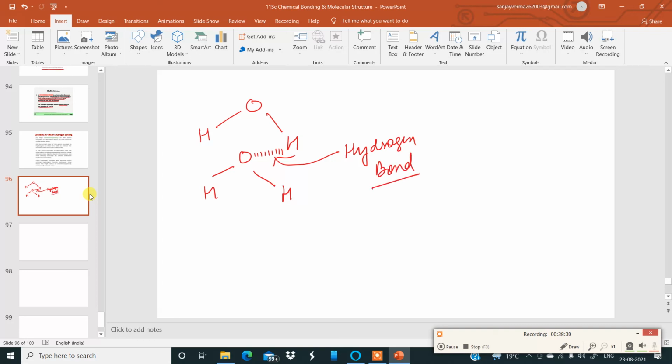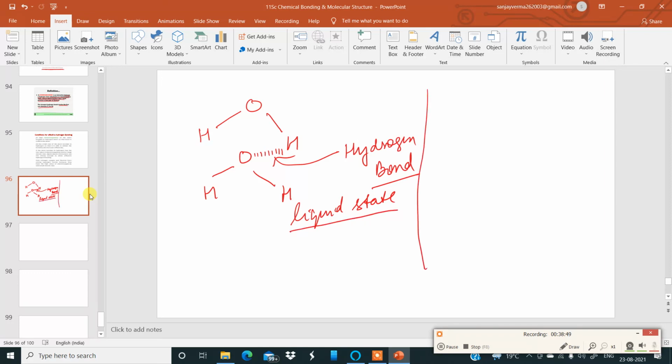The fact that a hydrogen bond is formed between the oxygen and hydrogen of two different water molecules accounts for the existence of water in the liquid state at ordinary room temperature and pressure.